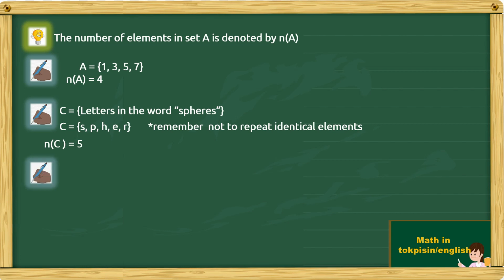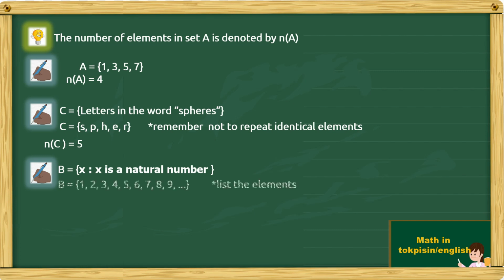Let's take another example. Let's say B is equal to the set of x such that, this symbol here is "such that", x is a natural number. Well, we know natural numbers start from 1 and go up. So first of all, to count the number of elements, it's important that we list it first.